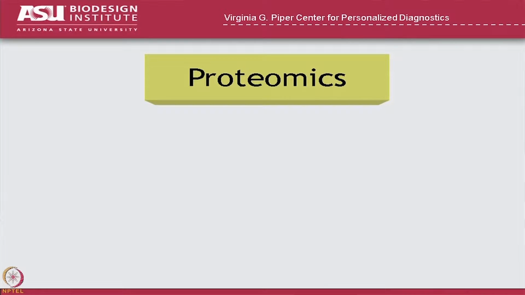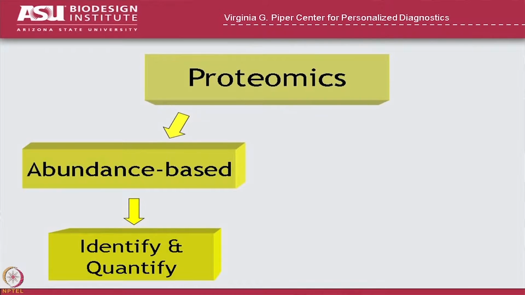The type of biomarkers that I work on are proteomics biomarkers. I'm not going to ask you what proteomics is because I know all of you know that. But let me mention that there are two general approaches to proteomics. One is the abundance-based approach, which we talked about a couple of days ago.